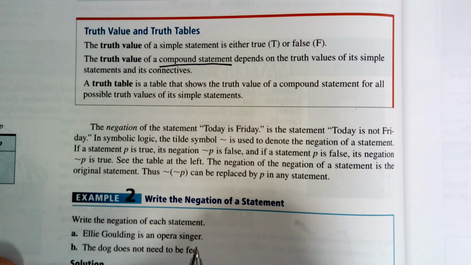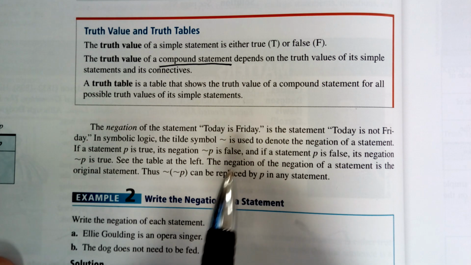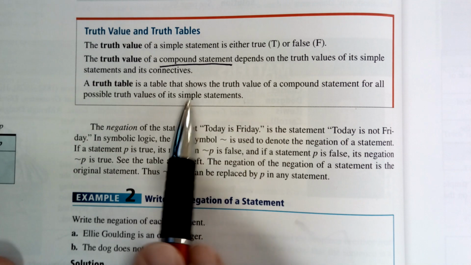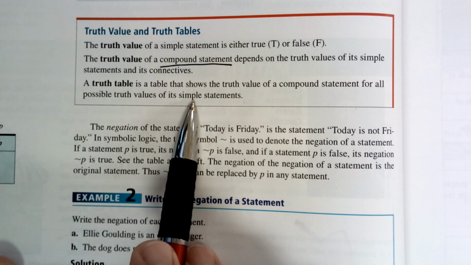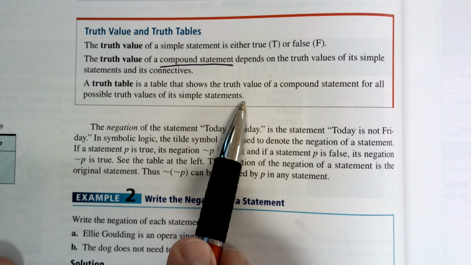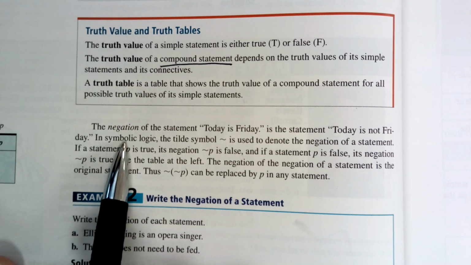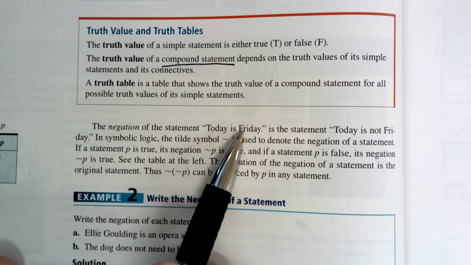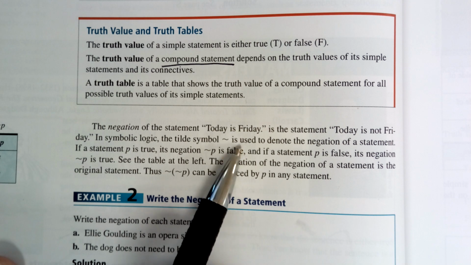A truth table is a table that shows the truth value of a compound statement for all possible truth values of the simple statements, plural. Negation is right here. So today is Friday, so the negation is today is not Friday.